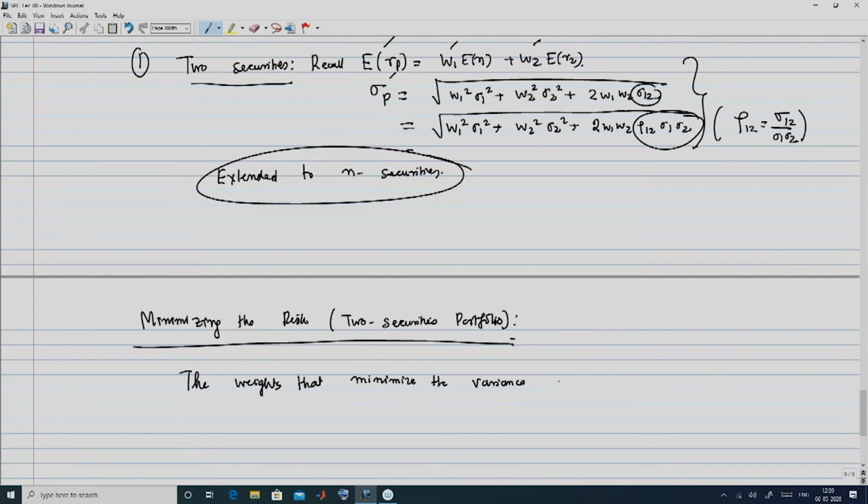So, the weights that minimize the variance of a portfolio, I should specify that this is a two security portfolio, can be obtained using single variable calculus.